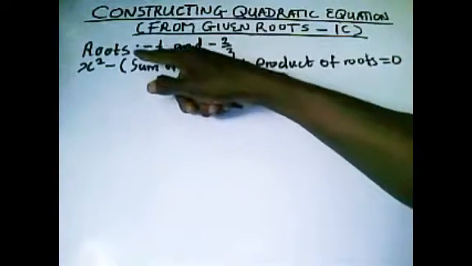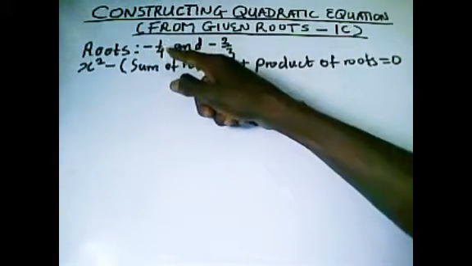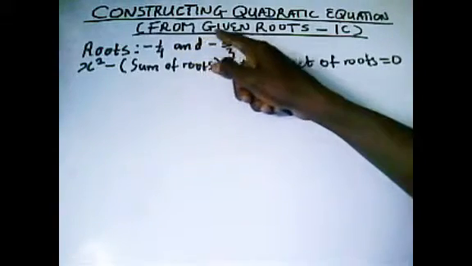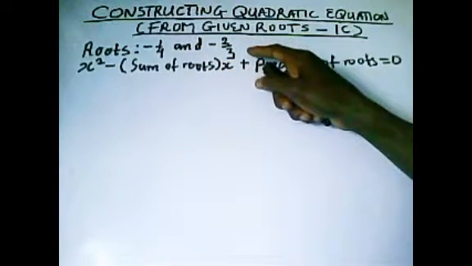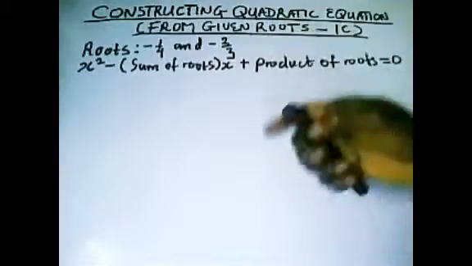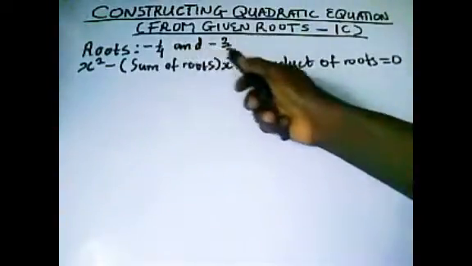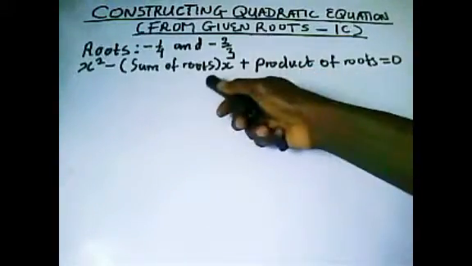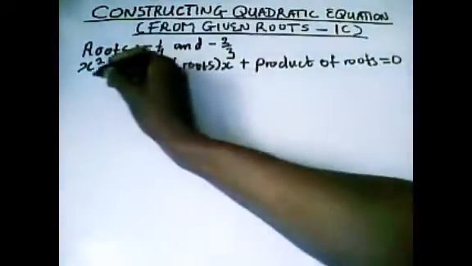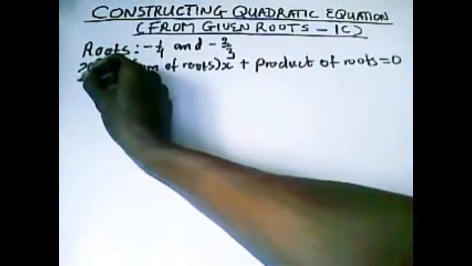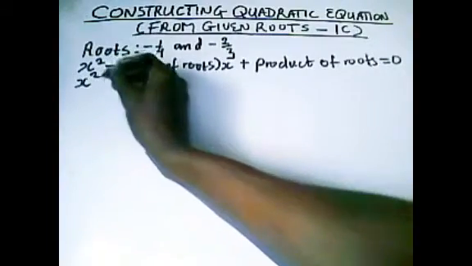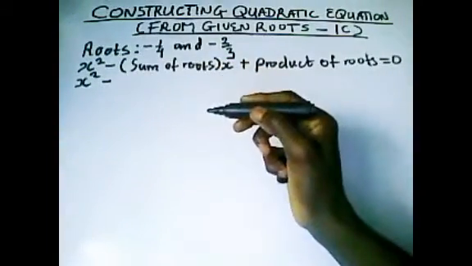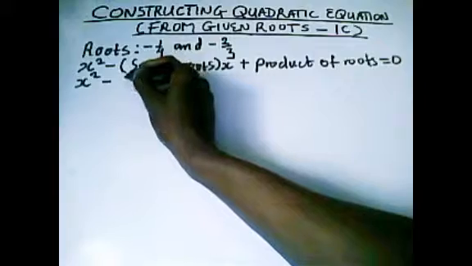We have the two roots as minus 1 upon 4 and minus 2 upon 3. So how do we do this? We simply plug these roots into the sum of roots and the product of roots. So here we go. Over here we have x squared minus, then we open our bracket.